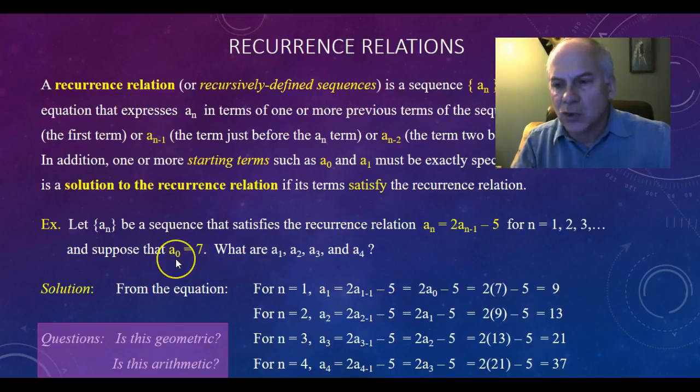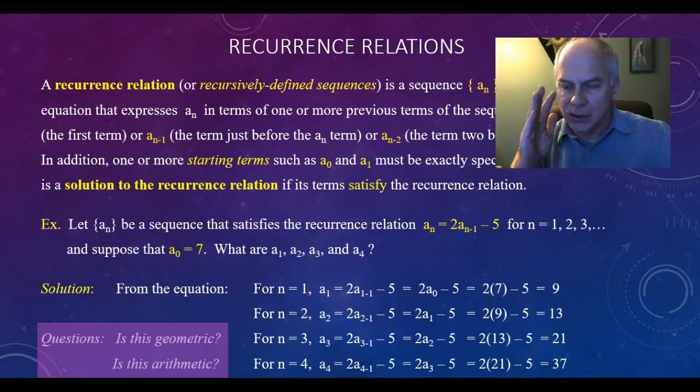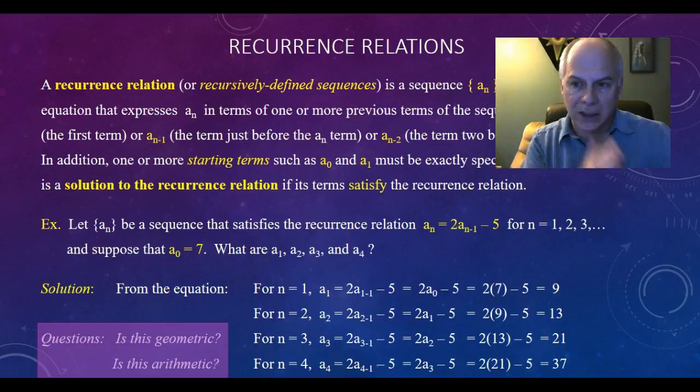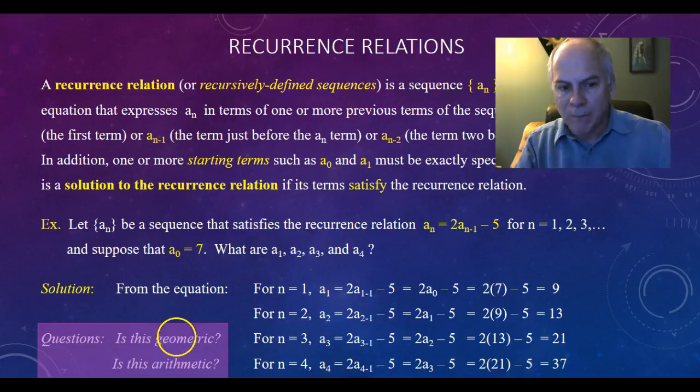So that tells you where we start. What value is your first term of the sequence? That way you can get the next term of the sequence. If we didn't know that piece of information, we could not find the terms in this sequence. All right? So if a sub 0 is 7, let's find a sub 1, a sub 2, a sub 3, and a sub 4.